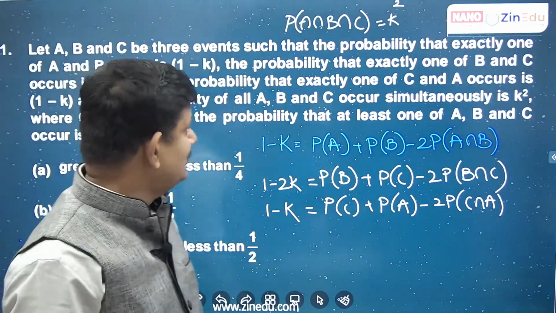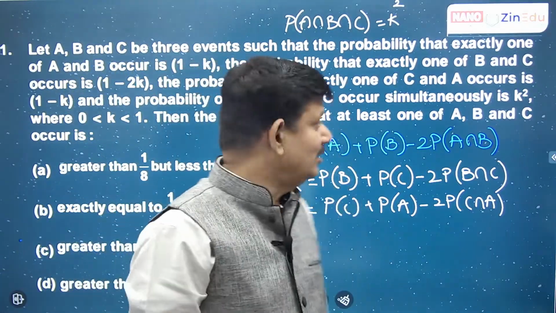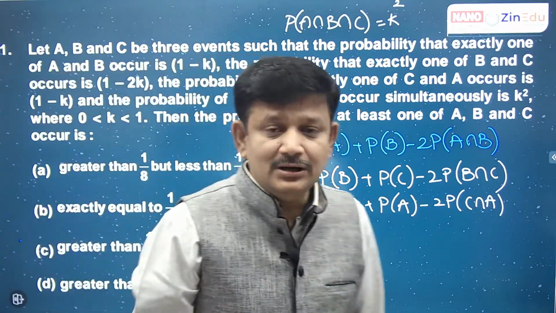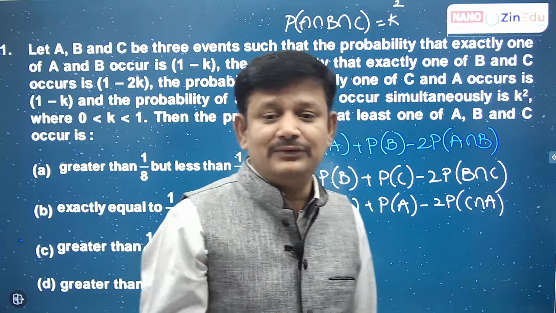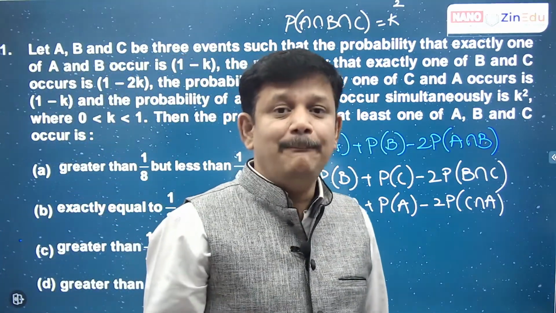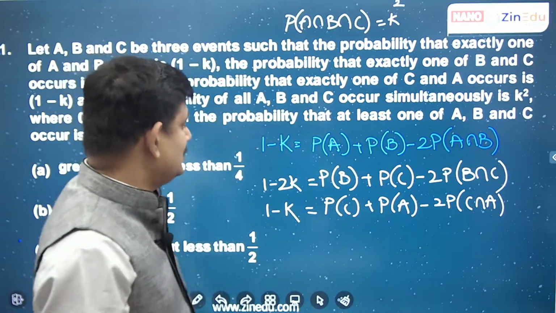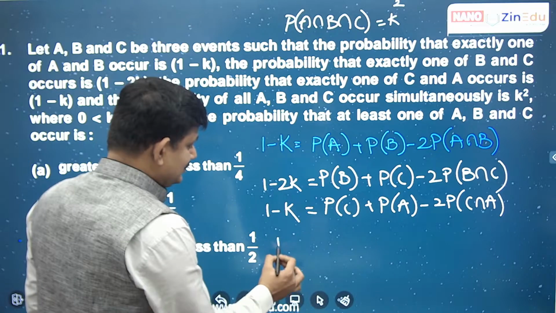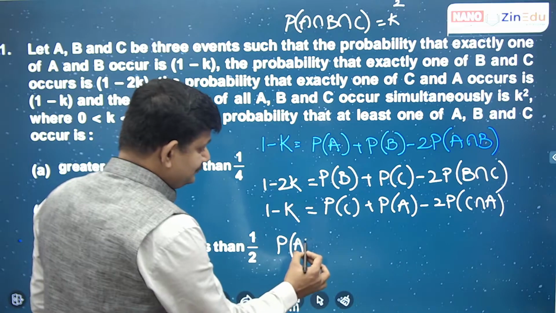Then what is he asking? Probability that at least one of A, B, C occur. What is the meaning of probability of at least one of A, B, C occurs? It is nothing but A union B union C. P of A union B union C, what is it? That is what we need to find.